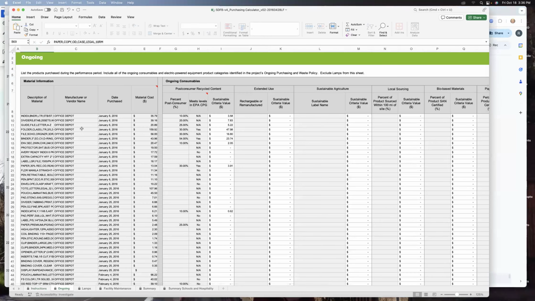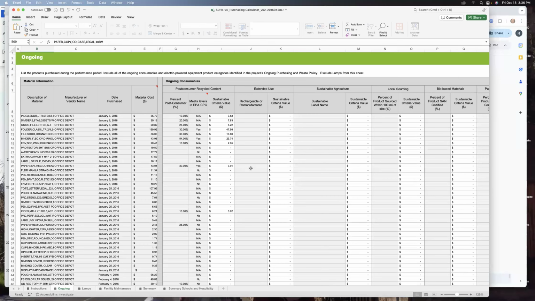The reason why it's so important, or so difficult, is that you identify all the purchases you made of consumables. And then you ask, okay, what percent consumer content is it? So here, this was index binders. These are guide files, and they had either 10% or 20%. The total cost here was $35, so at 10% that's $3.